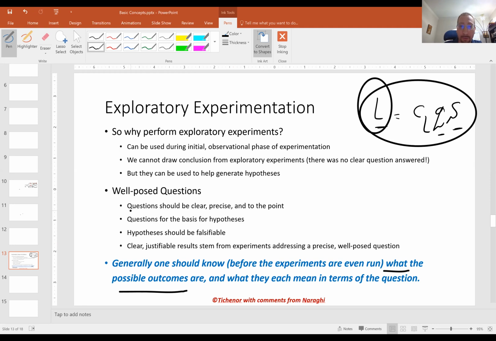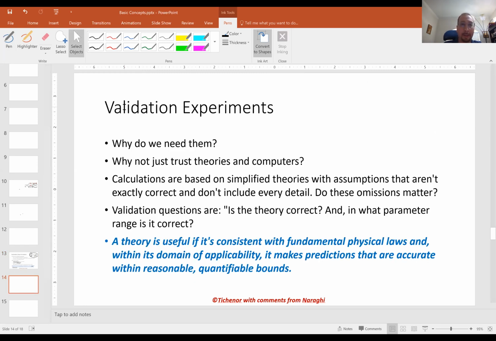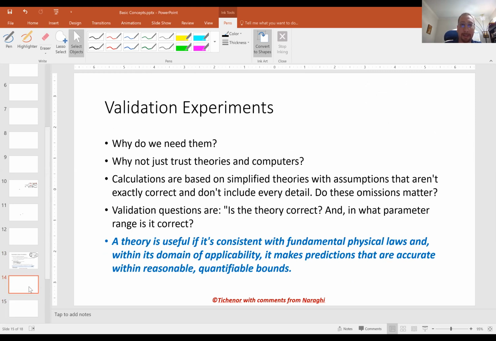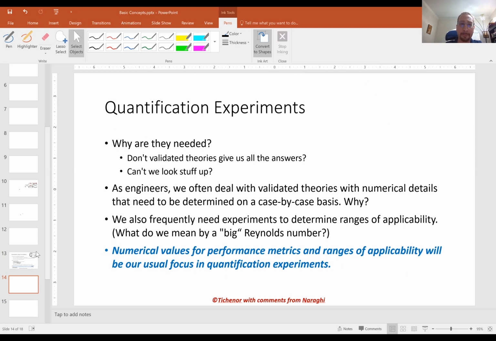It allows you to ask clear questions and to form your hypothesis, which should be falsifiable. Now, the second type of experiment, sorry, let's first look at the quantification experiments, and then I will go back and look at validation experiments.